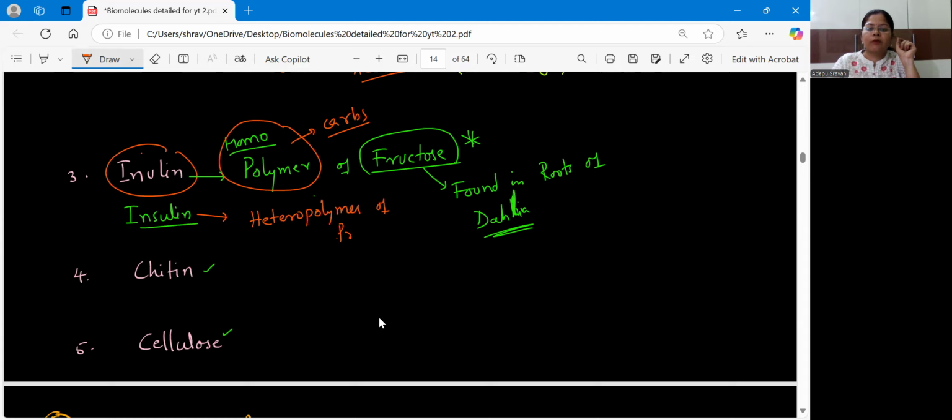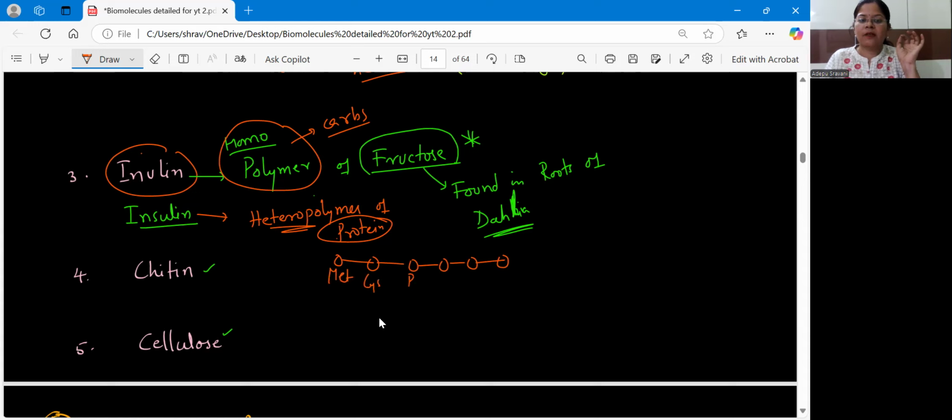of protein. See, proteins are always heteropolymers because proteins are made up of different types of amino acids. Not a single protein we have which is made up of all the same type of amino acids. Say, for example, this is your protein structure. Each circle, if I denote it with an amino acid, let us say this is methionine, this is cysteine, this is phenylalanine, this is tyrosine.